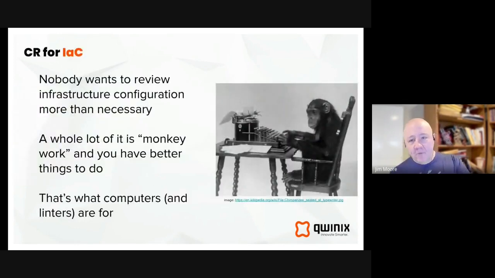Now, code reviews for infrastructure as code. Lots of nice little acronyms there. Nobody in their right mind wants to review infrastructure configuration more than absolutely necessary. A whole lot of it is monkey work. It's just the same thing over and over again.